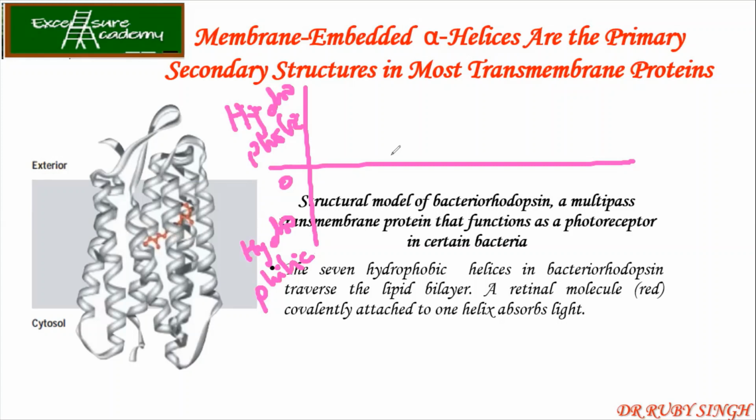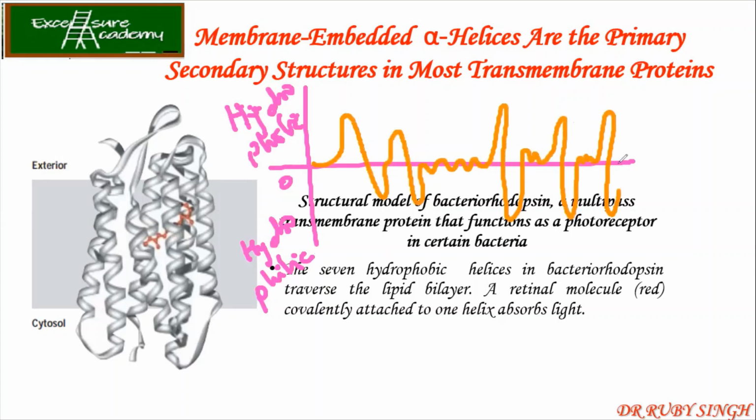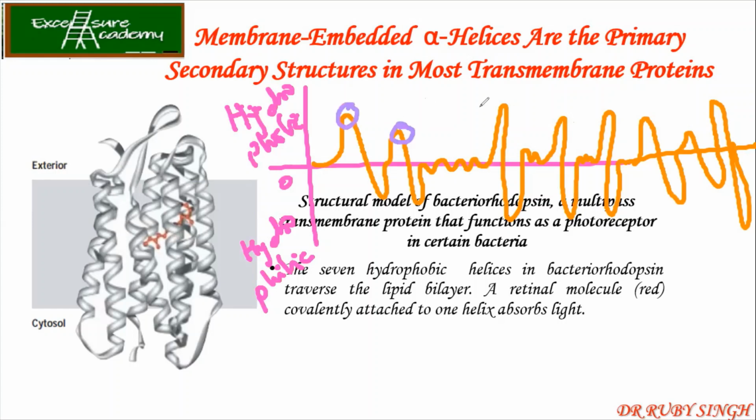Now, if the plot is something like this, how many are there? The peaks are 1, 2, 3, 4, 5, 6 and 7. This one is small, so I'm not considering it.